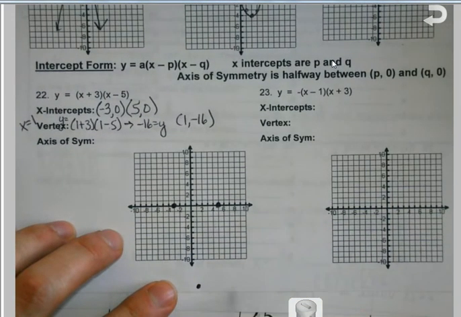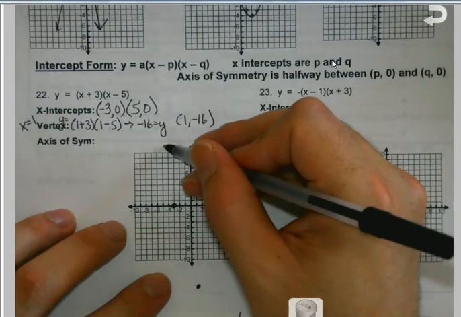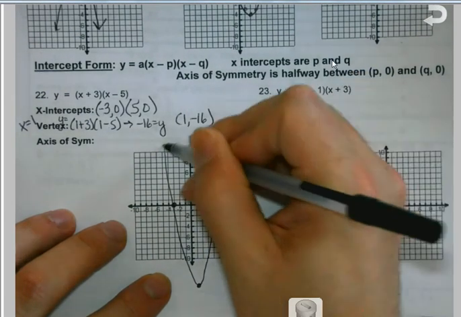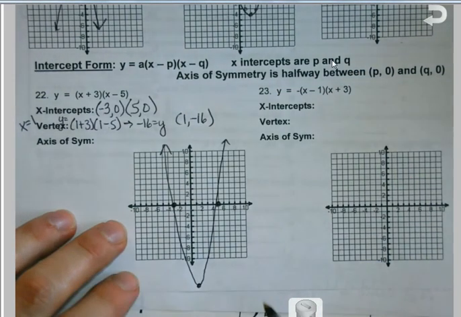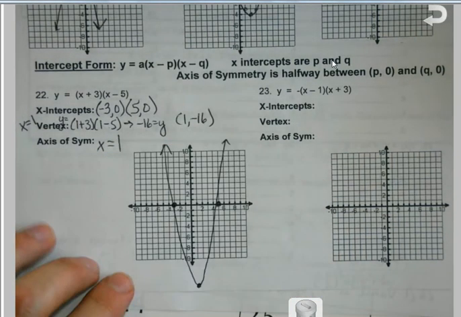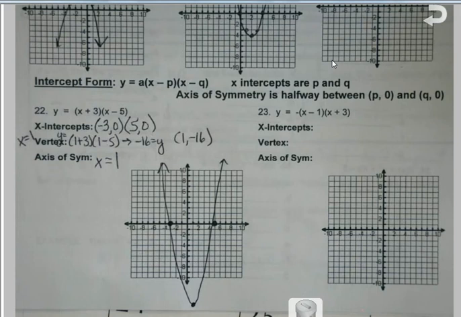Okay, that's okay. And then my axis of symmetry still will go along with my vertex's x value. And that's all we're doing on these. And if it doesn't come out real nice sometime for the vertex, just add them up and go that route.